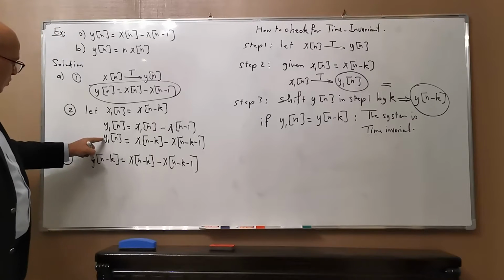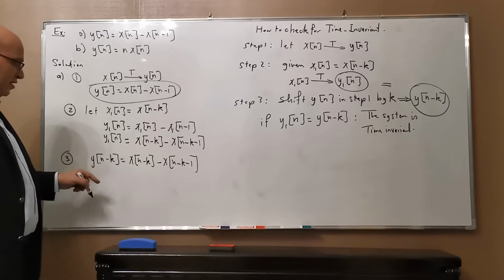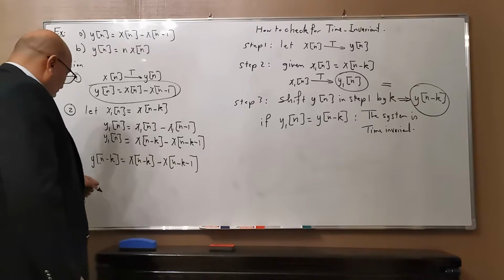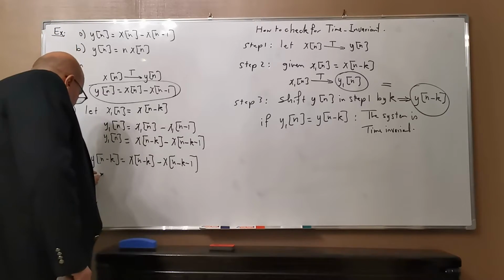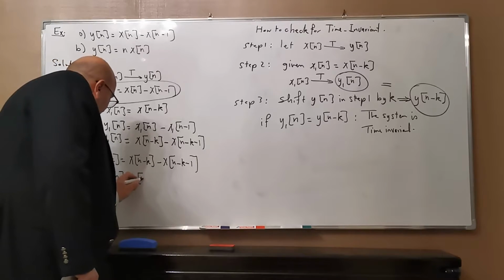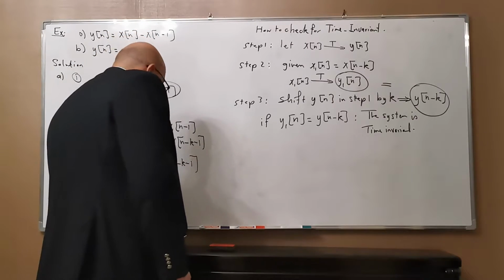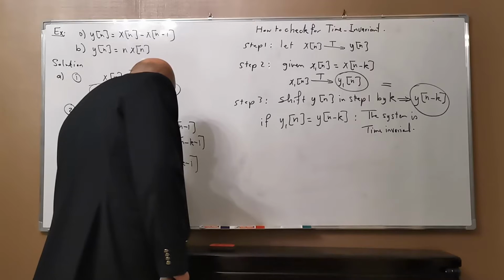Is y1 of n and y of n minus k, are they the same? Are they equal? Yes, they are. So y1 of n is equal to y of n minus k, and we have here a time invariant system.